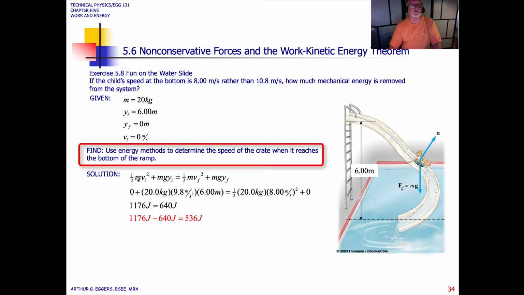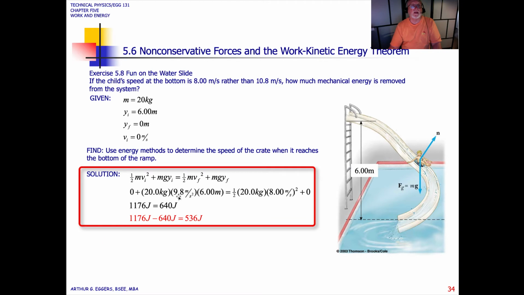So let's just start right with our grassroots equations. We start dropping in the values. 20 kilograms, 9.8 meters per second squared, 6 meters, and so on the other side. Okay? So we get 1176 is what we had at the top, because remember, this was all potential energy. But on the final side, on the other boundary, we said we reduced that velocity to 8.